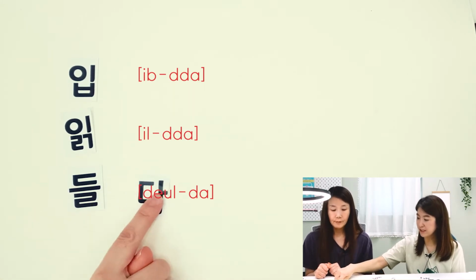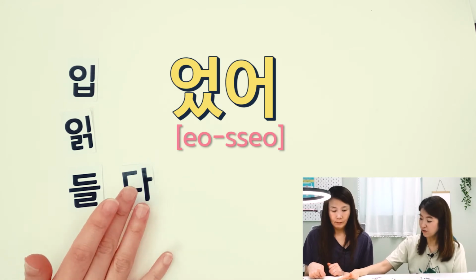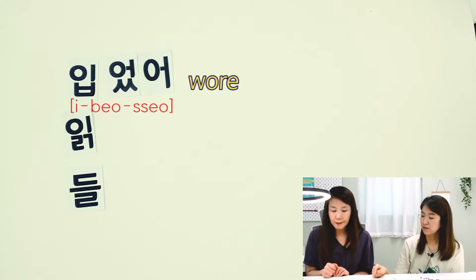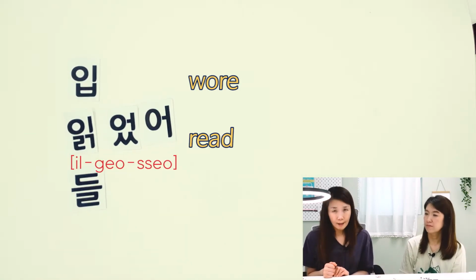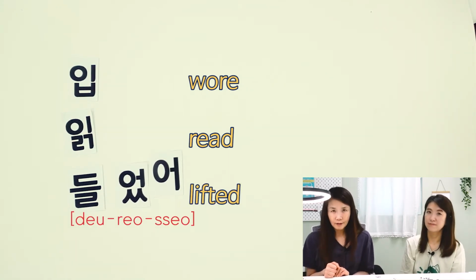These three verb stems have vowels other than O or A, so we put 었어 for past actions. 입었어 is wore. 읽었어 is read. 들었어 is lifted.